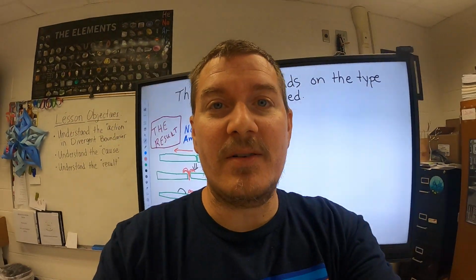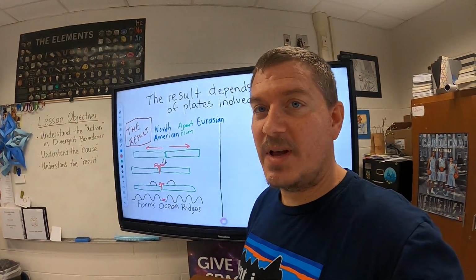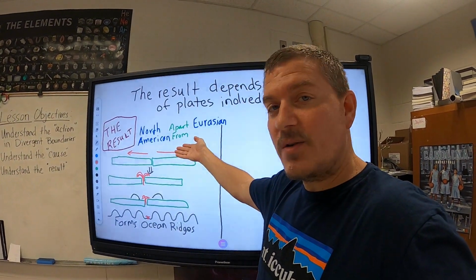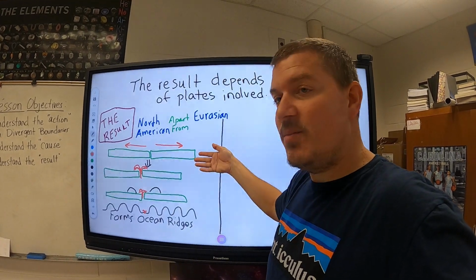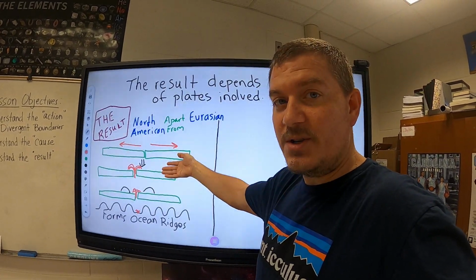So let's take a look at another example of a divergent plate boundary. We had here the North American plate and the Eurasian plate being pulled apart. This is in the middle of the ocean.